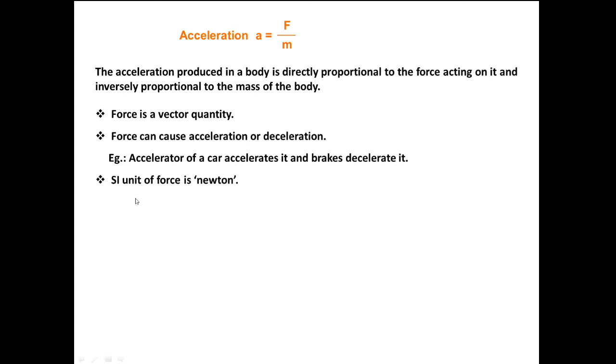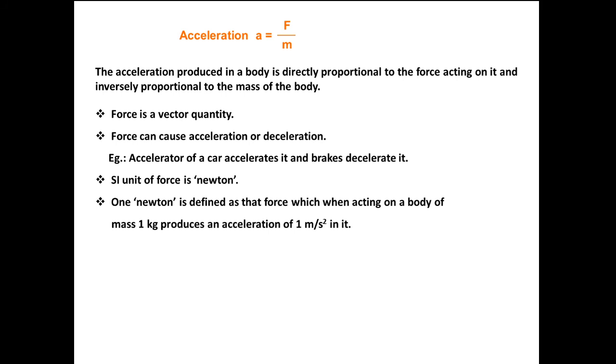Remember, when we write the unit of a physical quantity named after a scientist in full, the first letter must be small. If we write only the symbol, it must be a capital. Now what is 1 Newton? 1 Newton is the force which, when acting on a body of mass 1 kg, produces an acceleration of 1 meter per second square in it.